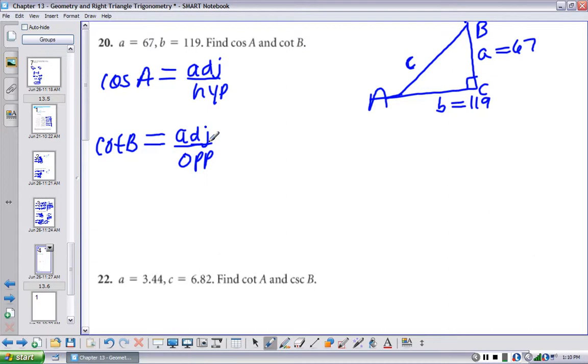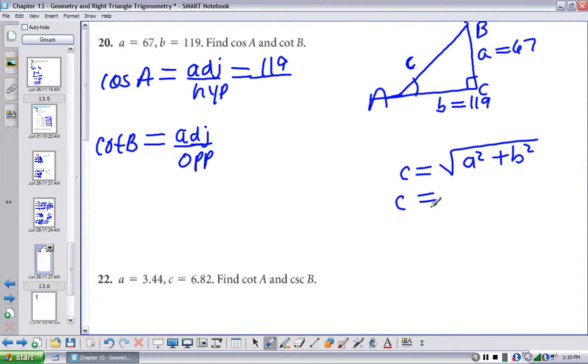So we can see for angle A, adjacent is 119 over hypotenuse. We don't know the hypotenuse, but we can definitely find it. It's the square root of A squared plus B squared. So it's the square root of 67 squared plus 119 squared. It really doesn't matter the order here when you are adding. The order matters when you're subtracting.